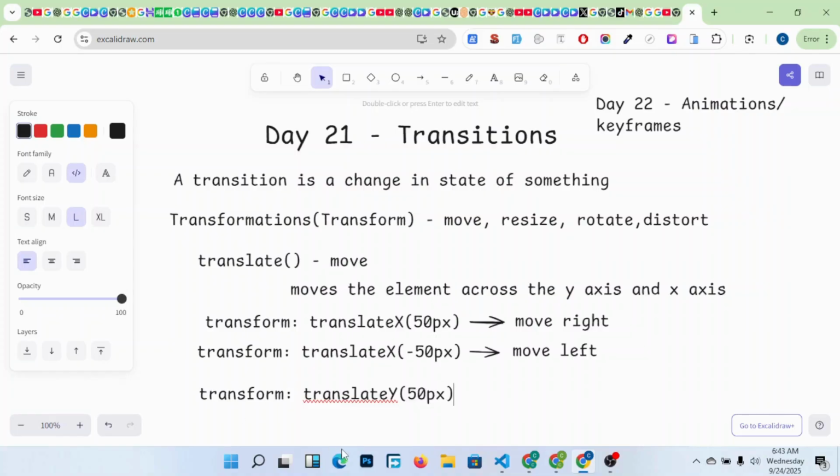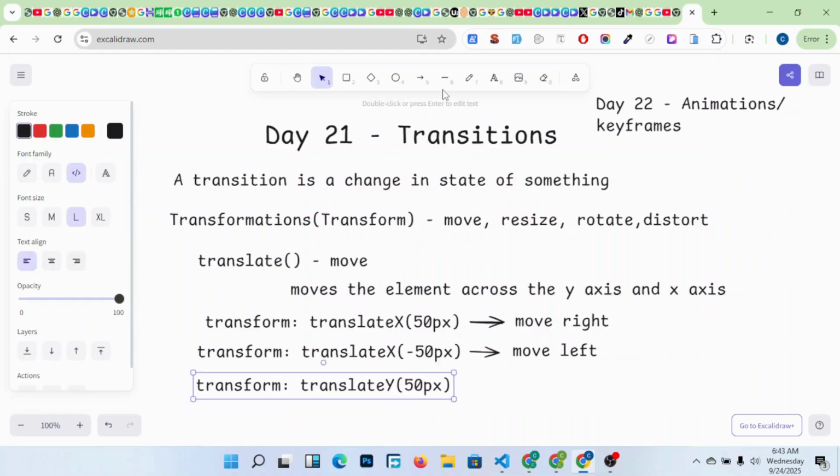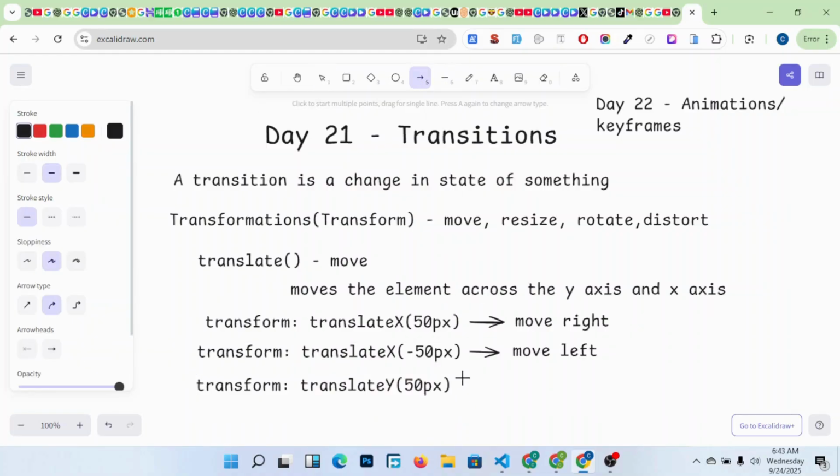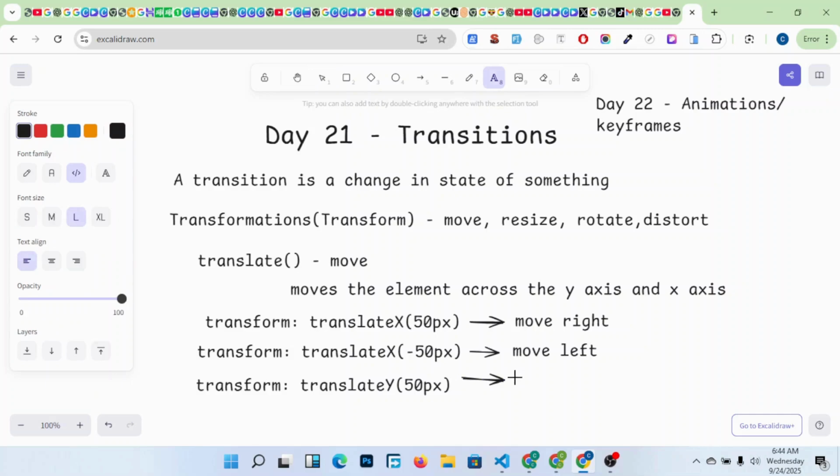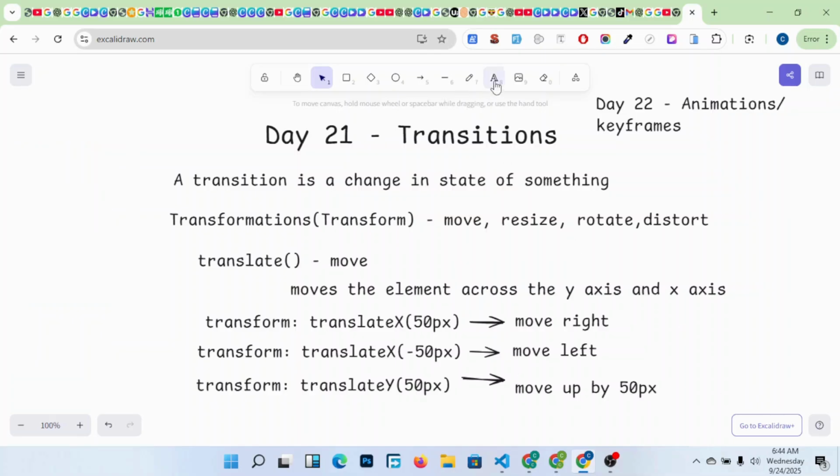This one says move 50 pixels up. This one here means that you move up by 50 pixels.